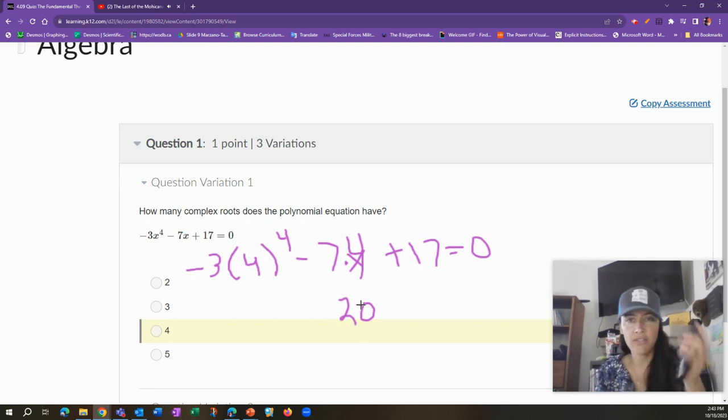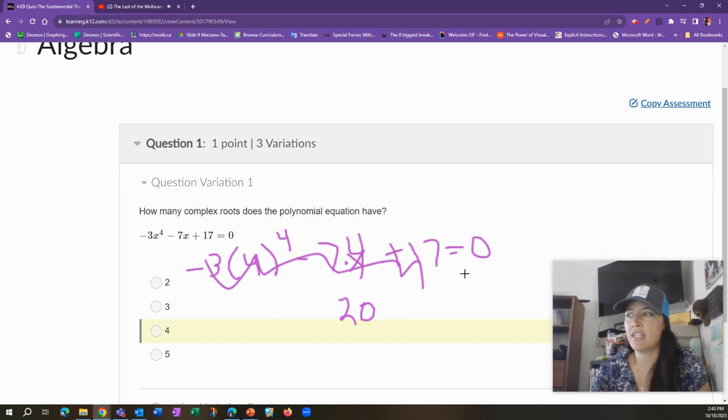On my calculator, you have to use the negative, not the minus. That gives -196,608. There's no way 4 makes it equal to 0.